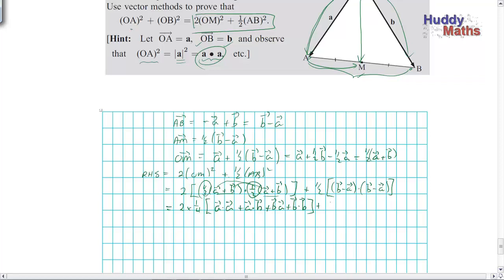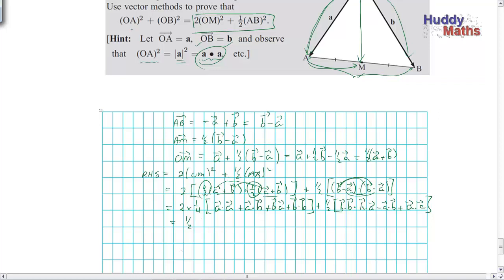Now let's do this one over here. B dot B. You've got to be neat here. Minus B dot A. And this one, take A dot B, negative by negative, positive A dot A. Oh well, so this is 2 by a quarter, which is a half.